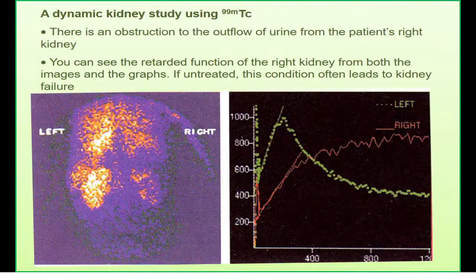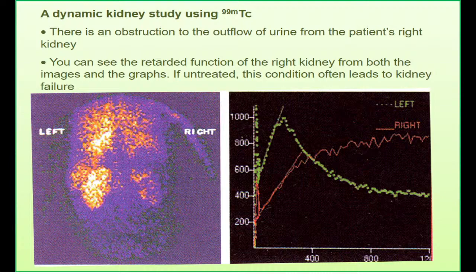And you can see not a static but a dynamic kidney study using this radionuclide, metastable technetium. It is taken in by the patient. The blood flow delivers this radioactive nuclide to the structure.